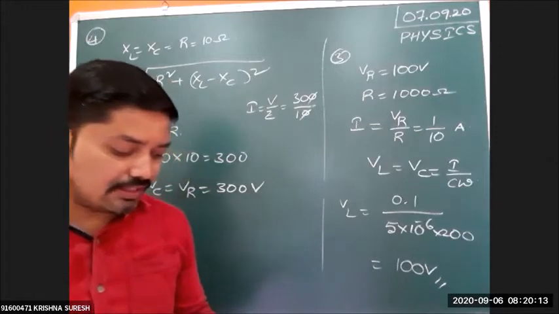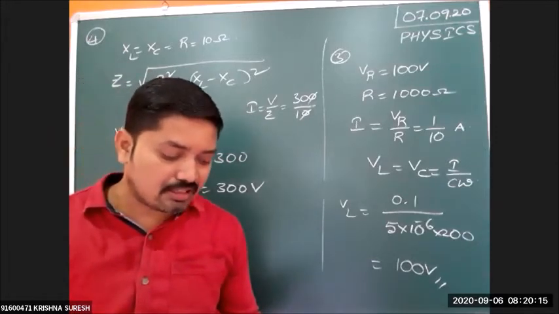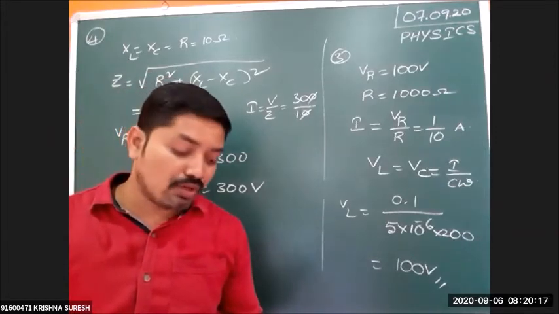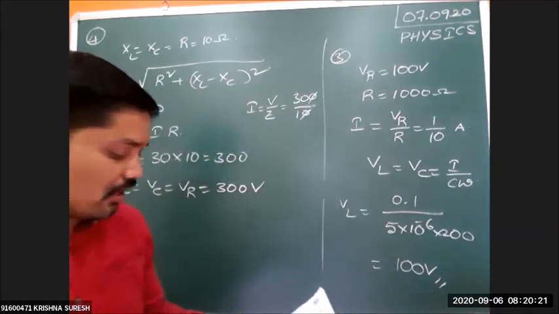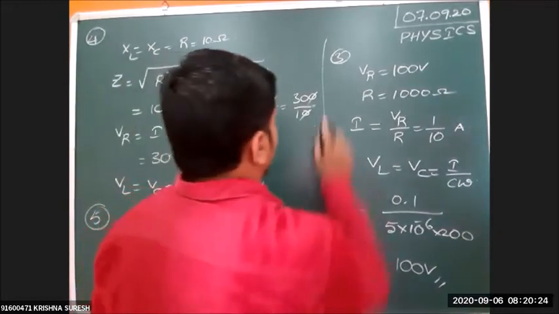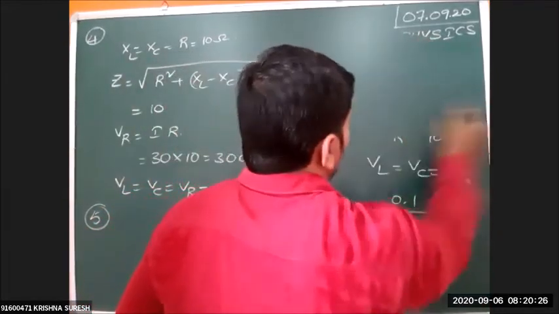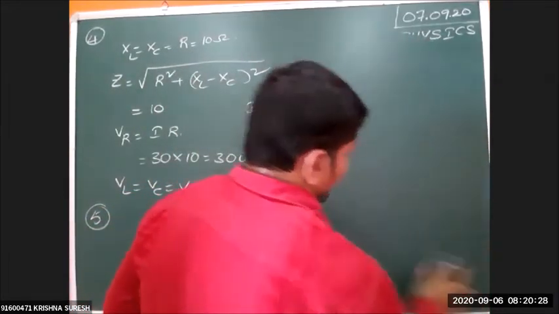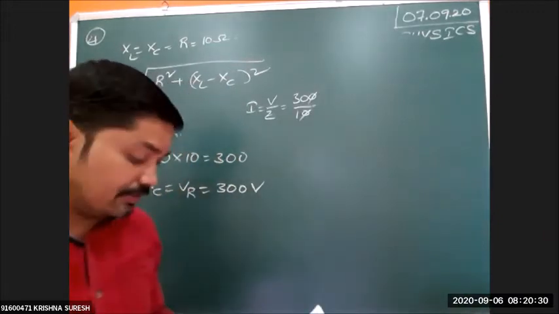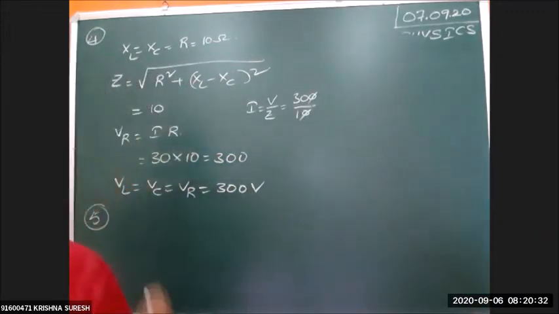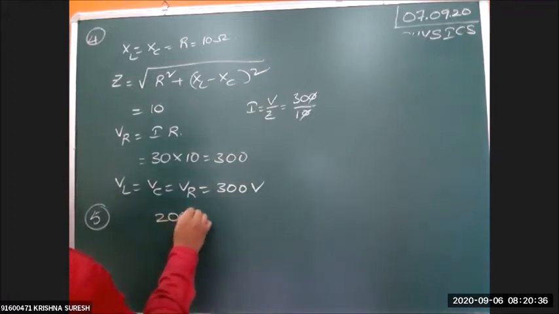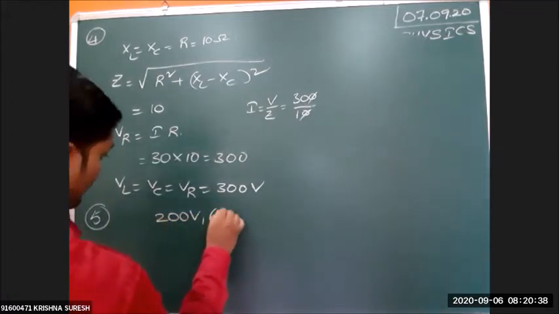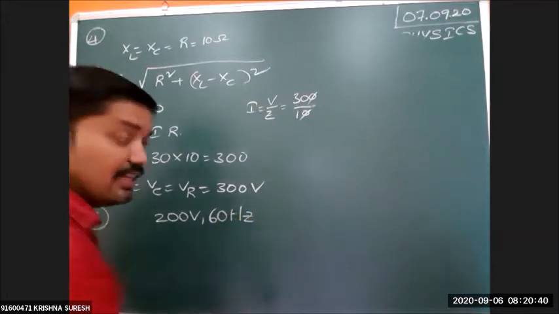Next, fifth question. As shown in figure, a series circuit connected across 200 volt 60 Hz line consists of a capacitor of capacitive reactance. He gave you capacitive reactance, that is XC, but AC source voltage is 200 volt and 60 Hz.